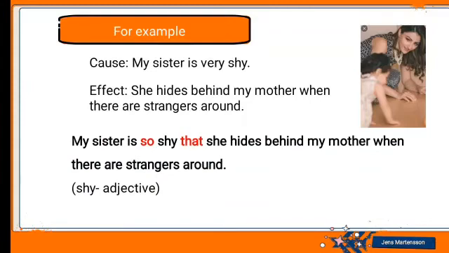We combine these sentences to become: my sister is so shy that she hides behind my mother when there are strangers around. Shy is an adjective, so we should use so that.